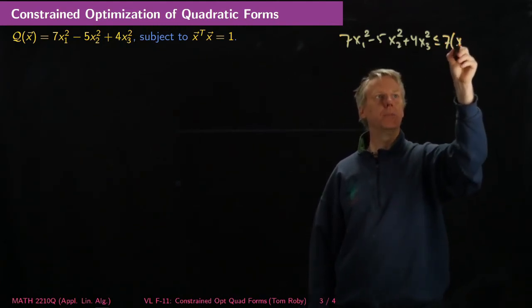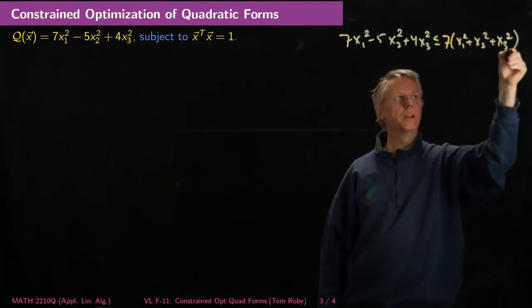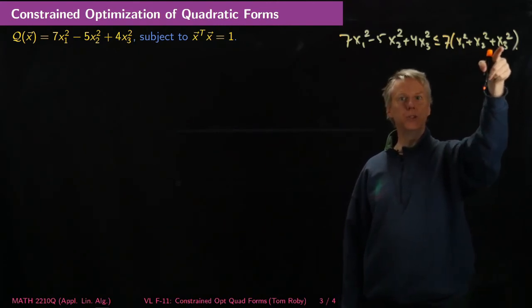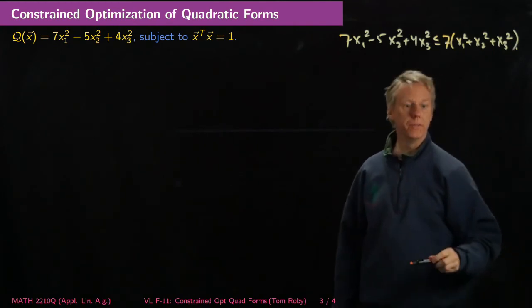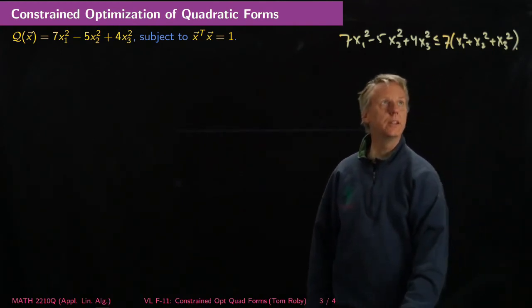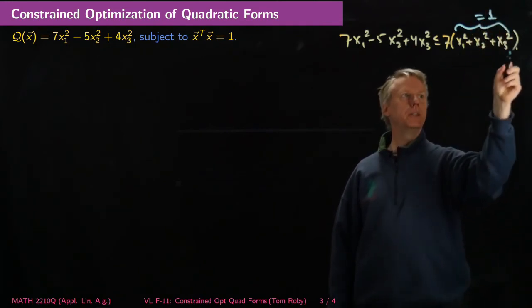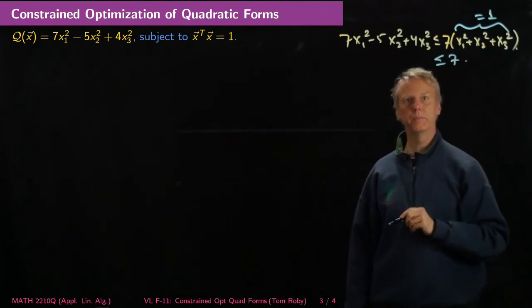This will be 7 times x1 squared plus x2 squared plus x3 squared. Okay? But x1 squared plus x2 squared plus x3 squared is equal to 1 because this is a unit vector. Okay, so since this is equal to 1, that means that this is less than or equal to 7.